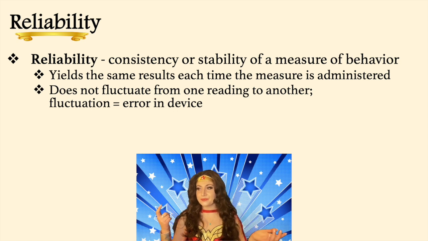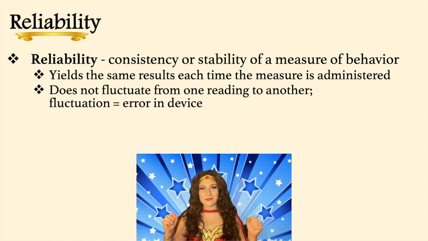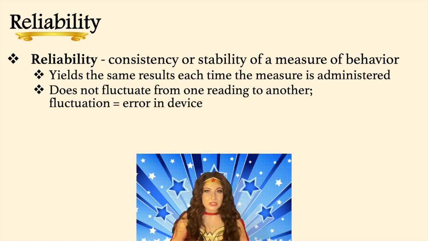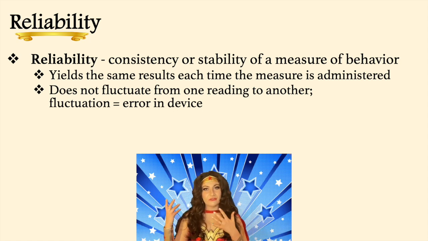For example, if you try to measure your blood pressure with one of those home electronic blood pressure kits, and you measure 3 times in a row and keep getting different readings, then it could be an indication that the device is broken or that it's not an accurate representation of your blood pressure. So any type of tool that you're going to use to measure your variable should be reliable.